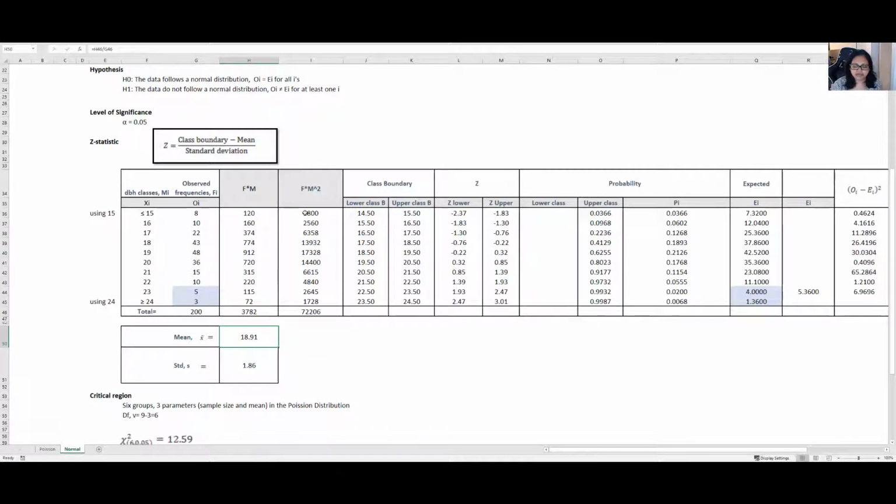Similarly, you can use the frequency distribution to calculate the standard deviation or the variance.